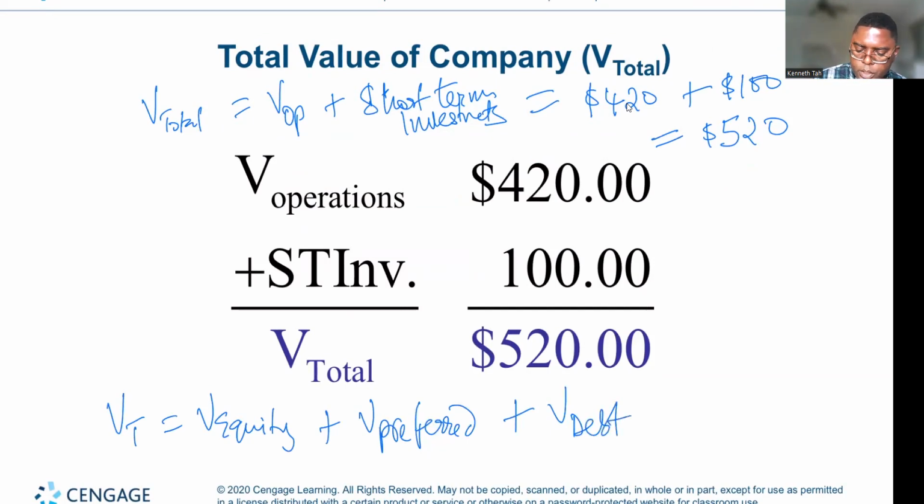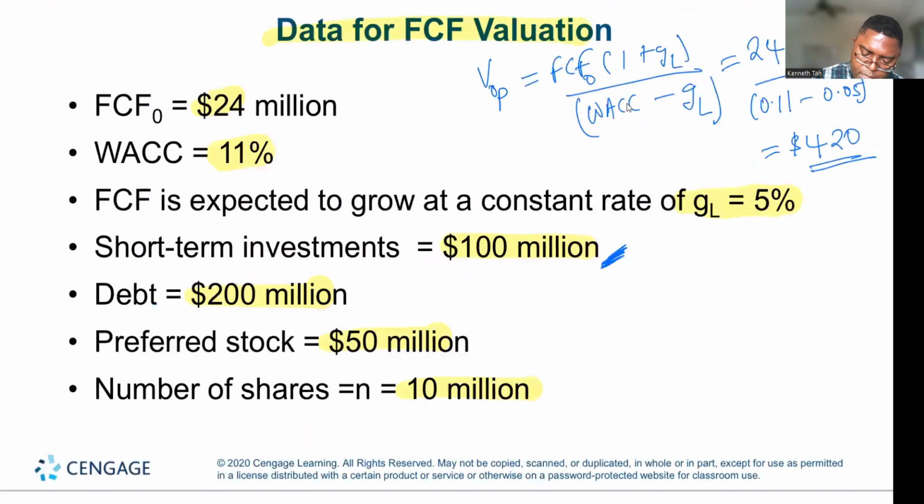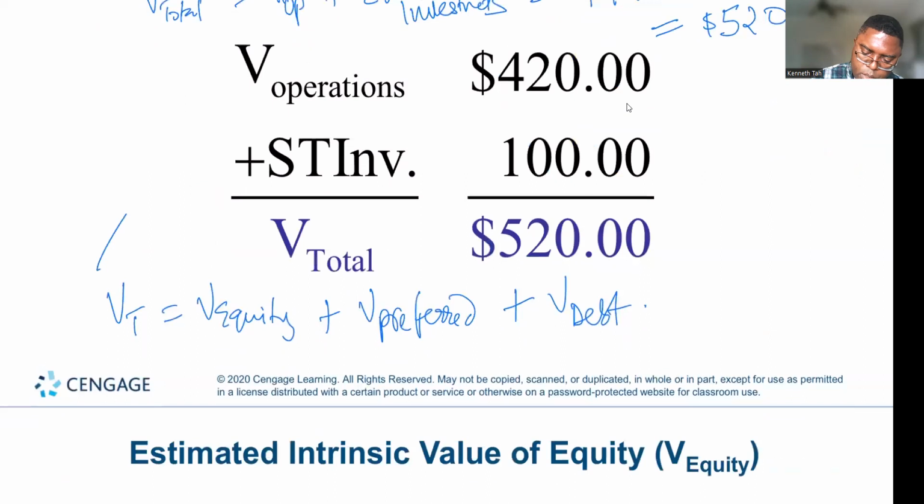Okay, so these are the claimants: equity, preferred stock, and debt. So we're interested in the value of equity. We have just computed total value. If we go back to the problem, notice that we're given the value of debt as 200 million, and we're given the value of preferred stock as 50 million. So accordingly, we can substitute everything, and what is missing is equity, and we can calculate equity.